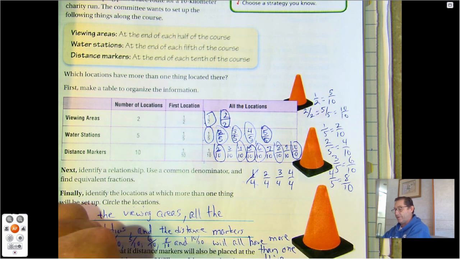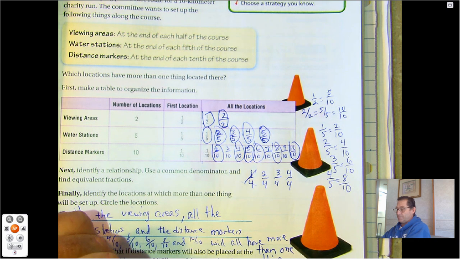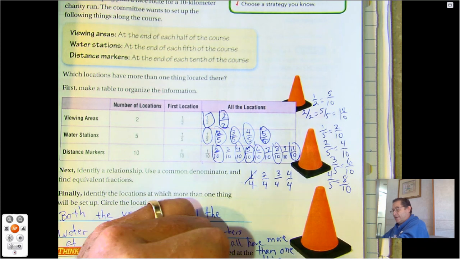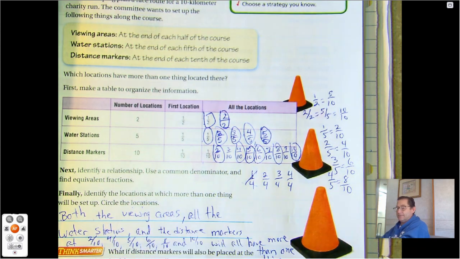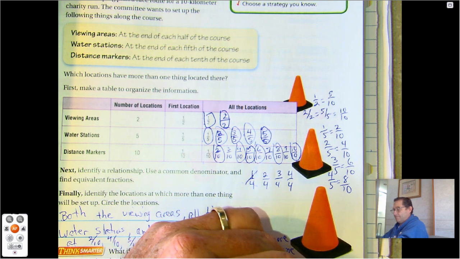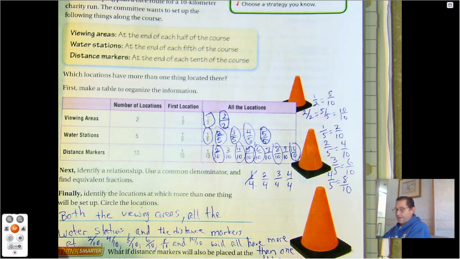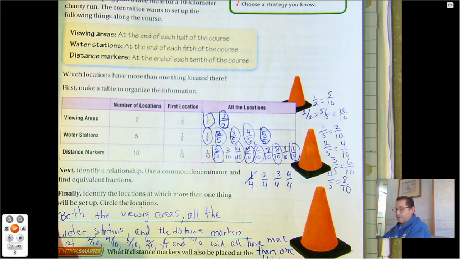They would also be at the viewing area and another distance marker.